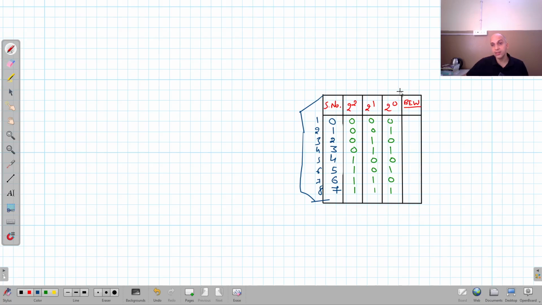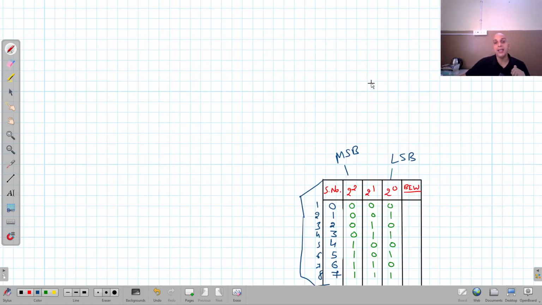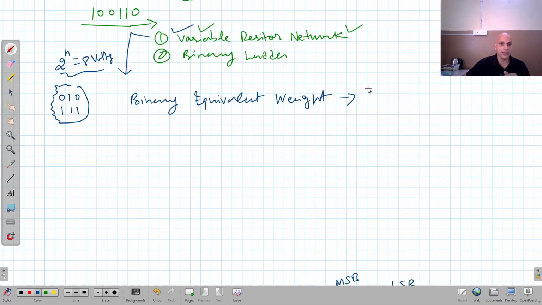Now this bit position is known as LSB, least significant bit, and this bit is known as the most significant bit. We know very well about the place value of a bit in binary signals. We have learned about the binary number system, octal number system, hexadecimal number system.